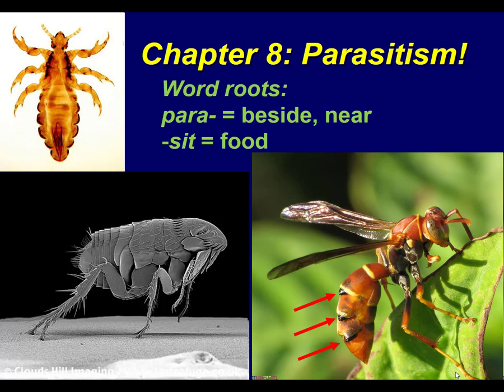So parameters, paralegals, paraprofessionals and all that stuff. That's what that's from. And then sit or site is a word root that means food. So all this means is you're getting your food by hanging off the side, and that's what parasites are.